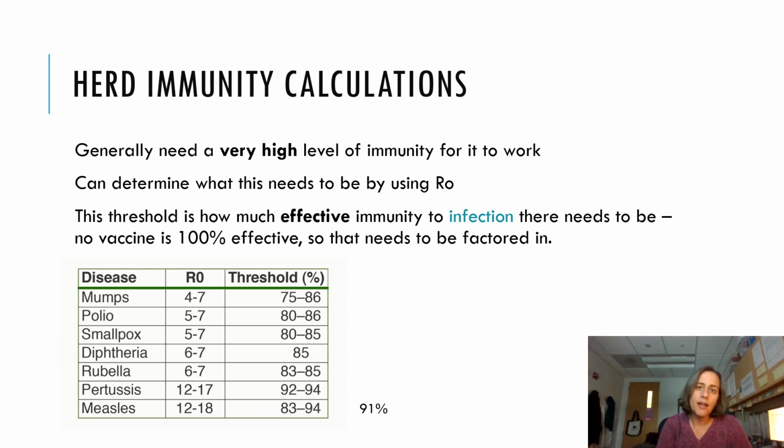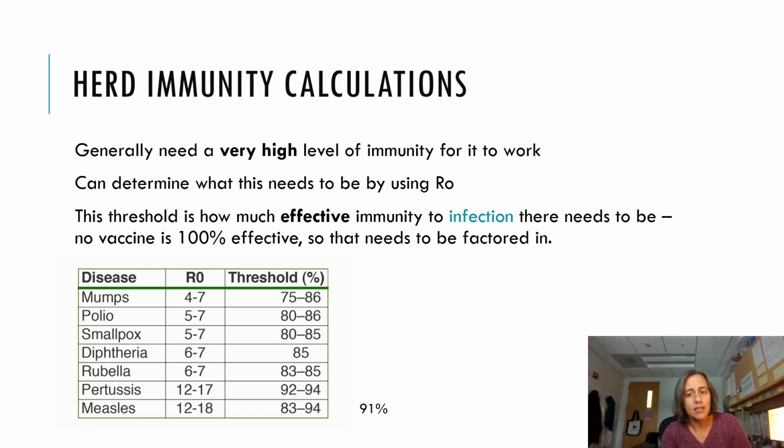It turns out that the vaccine against measles is 91% effective, right? So in order to keep us in that range for effective immunity, we need like 95 to 100% of people to be vaccinated to have herd immunity, right? So that is why that is one of the required vaccines to attend school.